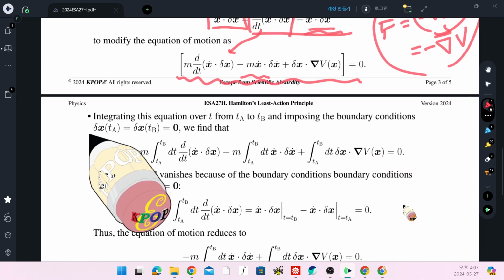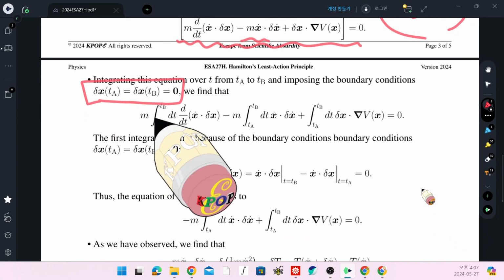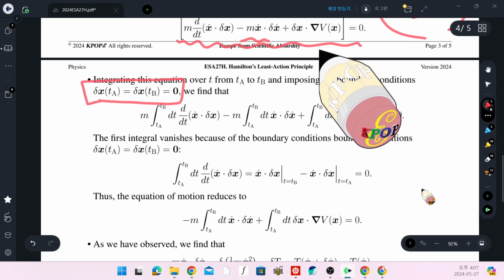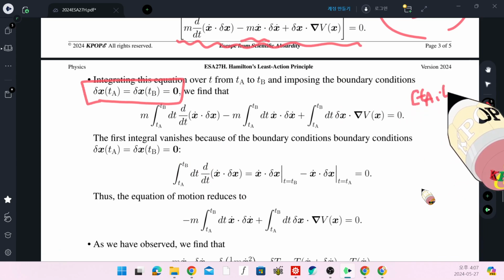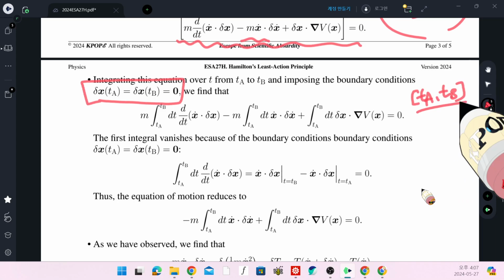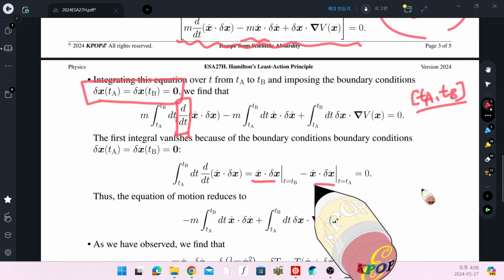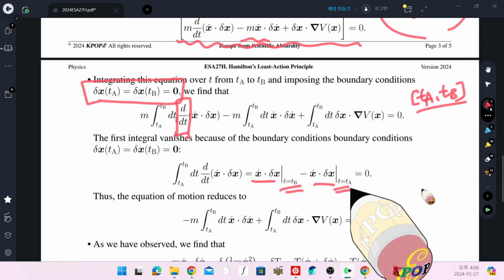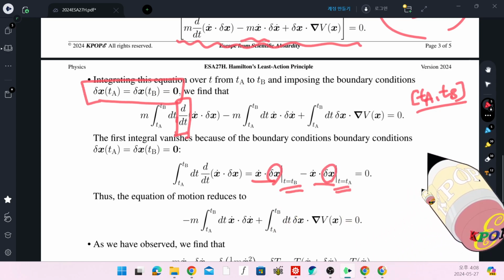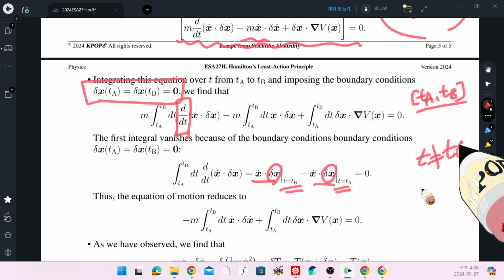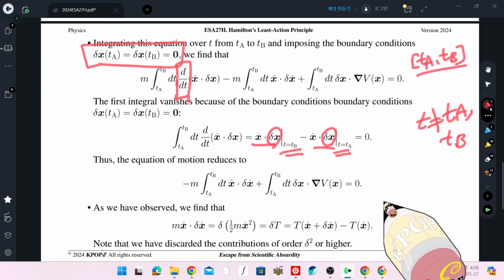Now, we can make use of the endpoint constraint to simplify this relation by integrating over the time interval. We know this total time derivative endpoint contribution vanishes because the variation of the path is allowed only for t not equal to the endpoints.